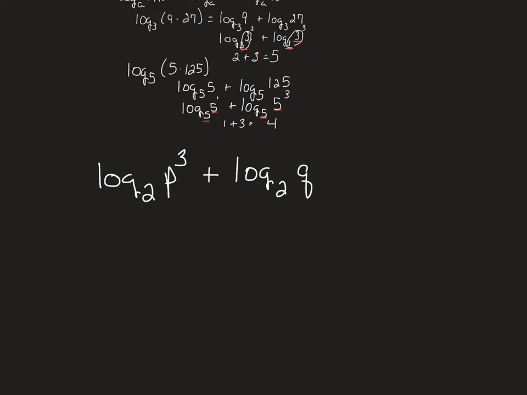In other words, I want to write it as a single logarithm. Well, because this is added, we know that that indicates to us that we want to multiply. So we're going to have the log base 2 of p cubed q.